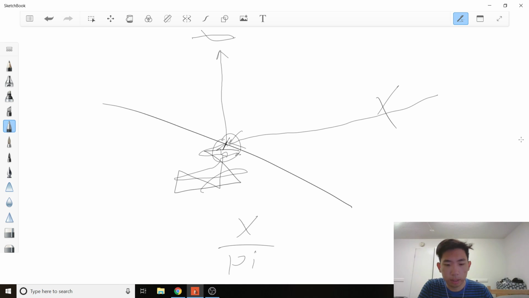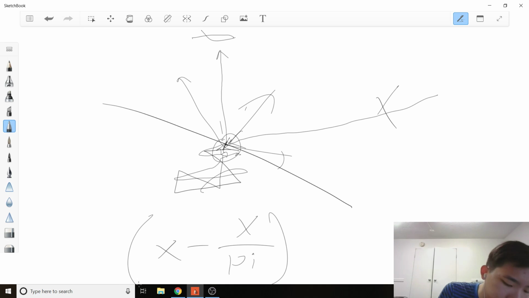The rest, x minus x over pi, is the energy emitting through all the other directions that the viewer cannot receive, because we're using a pinhole camera, and this is also approximately how the human eye works.